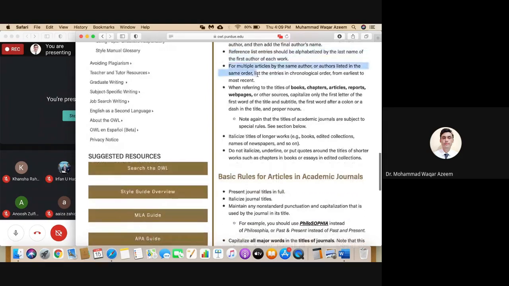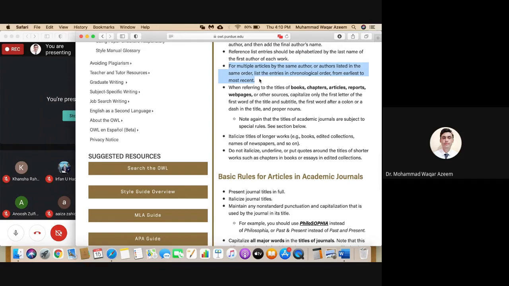Sometimes it's possible that you have two articles by the same author. So what order will you give to them? Which of these two works should come first and which should come later? If you have the same author for two resources, then arrange them in the order of their date of publication.